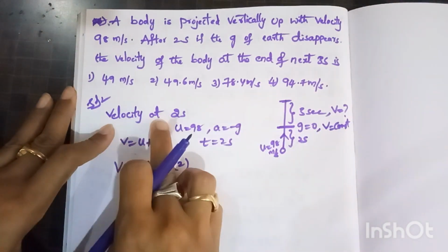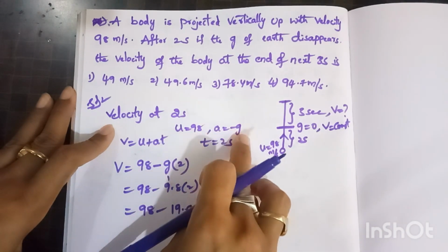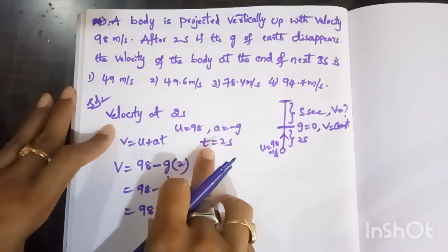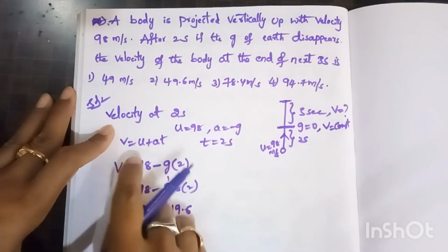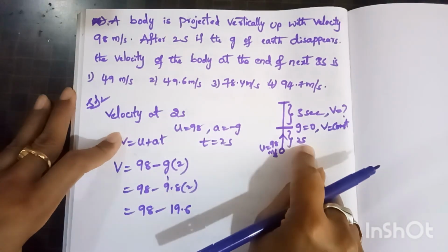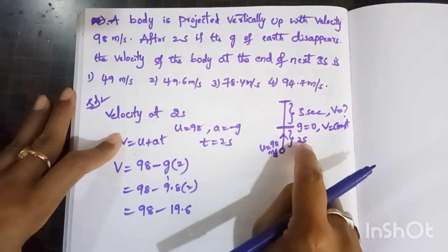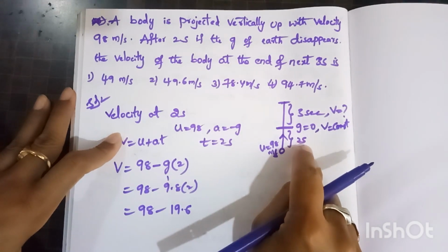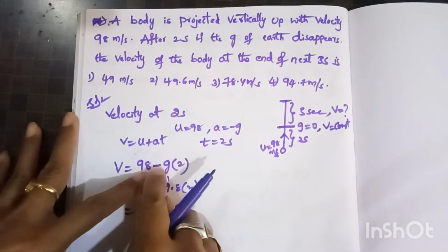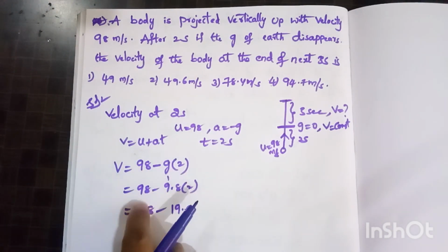For the first 2 seconds, u equals 98, a equals minus g. Why minus g? Because it is thrown vertically upward, and time is 2 seconds. So we are going to calculate the velocity for the first 2 seconds, before g of earth disappears. v equals u plus at, where u is 98, a is minus g, and t is 2.